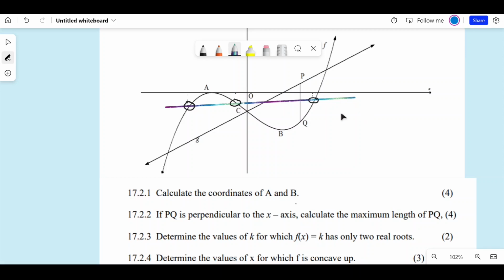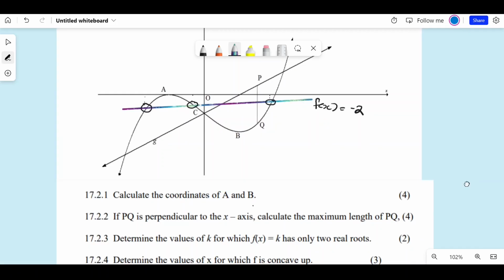So if it passes through, let's say, -2 here, then the equation of that line is f(x) equal to -2. Now that means at the point f(x) equal to -2, the graph has 3 roots.